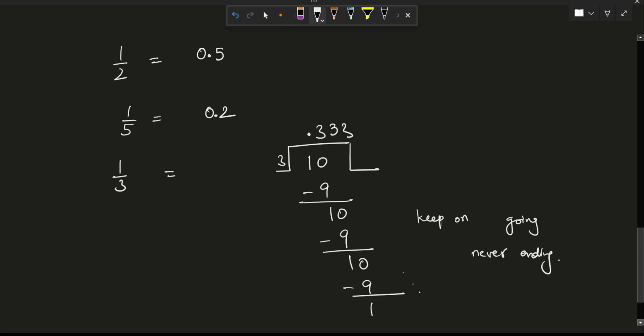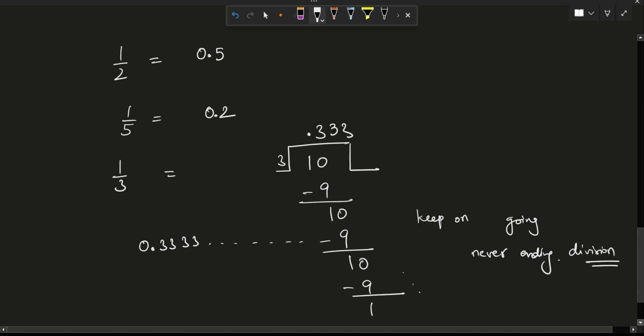You would have come across this type of division when you convert fractions into decimal numbers. So when you get this type of decimal expansion, it comes as 0.3333, and keeps on going. So it is repeating, or non-terminating.